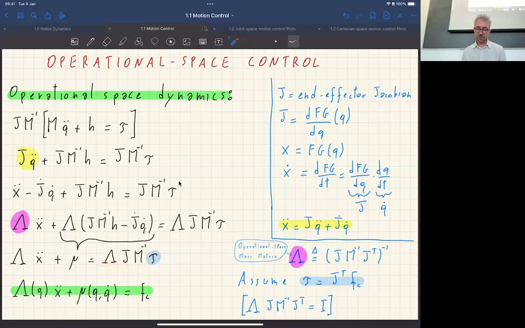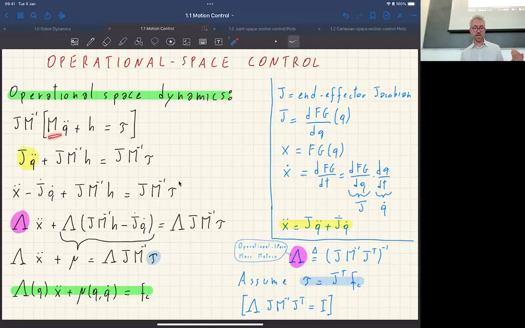And so what I'm left with after that substitution is the following expression. So lambda x double dot plus mu equal FC. That is the operational space dynamics I wanted to reach. And you can see the structure is exactly the same as the original joint space dynamics.